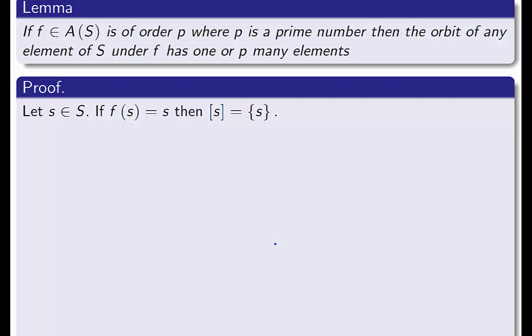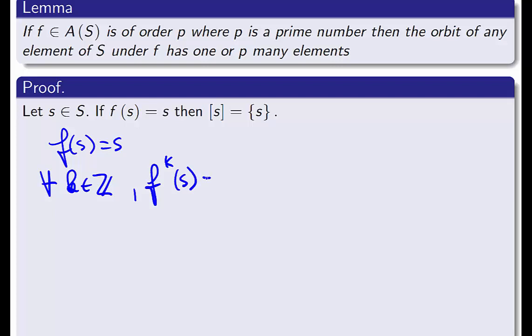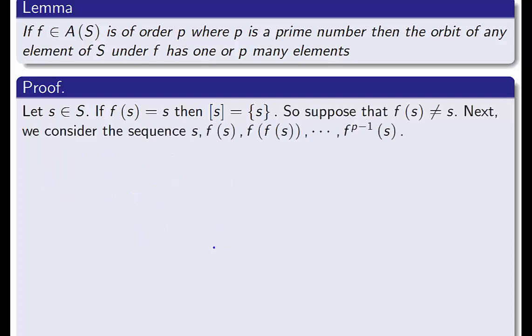If it happens that f of s is s, then you can verify that for every integer k, f^k of s is always s, and that tells you that the orbit of s is just a singleton containing s. Okay, so this is not an interesting orbit, but in any case it is possible for the orbit to consist of just one element.